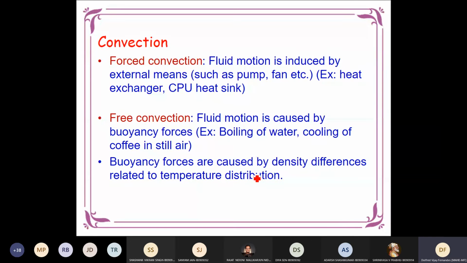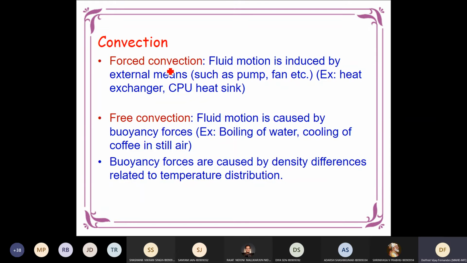What you do is take a spoon and stir it, right? Or you try to blow air on top of the fluid layer. By this, you set the fluid into motion. So the colder fluid and hotter fluid will be mixed, and there will be more heat transfer.